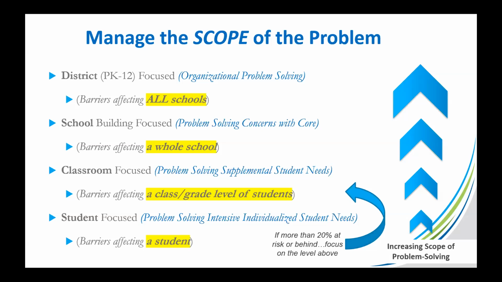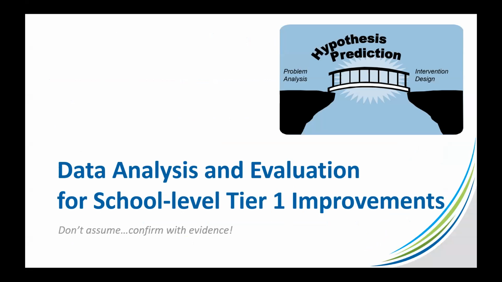You know, what are the barriers that might be affecting all schools? So you can see that regardless of where we are in the problem solving process, there are data that can be pulled from all different areas to help us determine how can we address these barriers and make improvements so that people can be successful. So let's move in a little bit to the data analysis and evaluation for school level tier 1 supports.